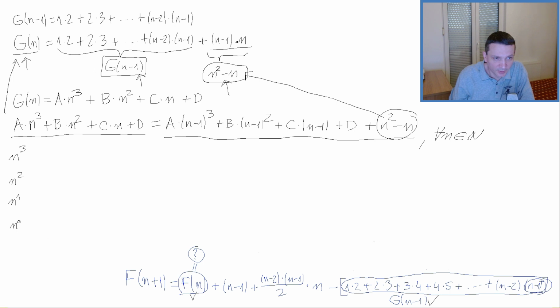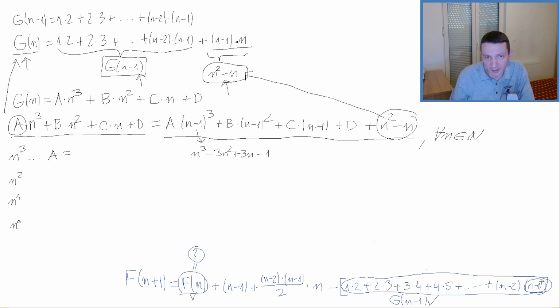So in front of n cubed we have a on the left. And also when we calculate this n minus 1 to the power of 3, this is nothing but, by binomial formula, n cubed minus 3n squared plus 3n minus 1.